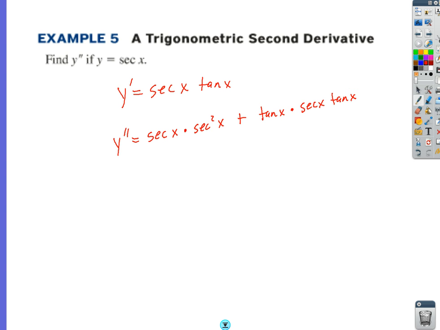And I can do some simplifying: secant cubed x plus tangent squared x secant x. And there it is. You're done. There's your first two derivatives.